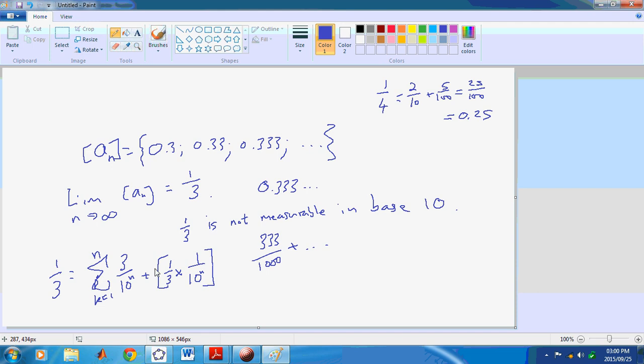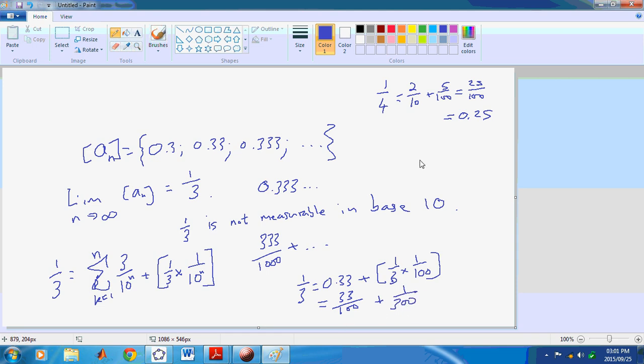Well, this is always true, but there's only one problem here. If we, for example, say 1/3 is equal to 0.33 plus 1/3 times 1 over 100, that's the same as saying 33 over 100 plus 1 over 300.